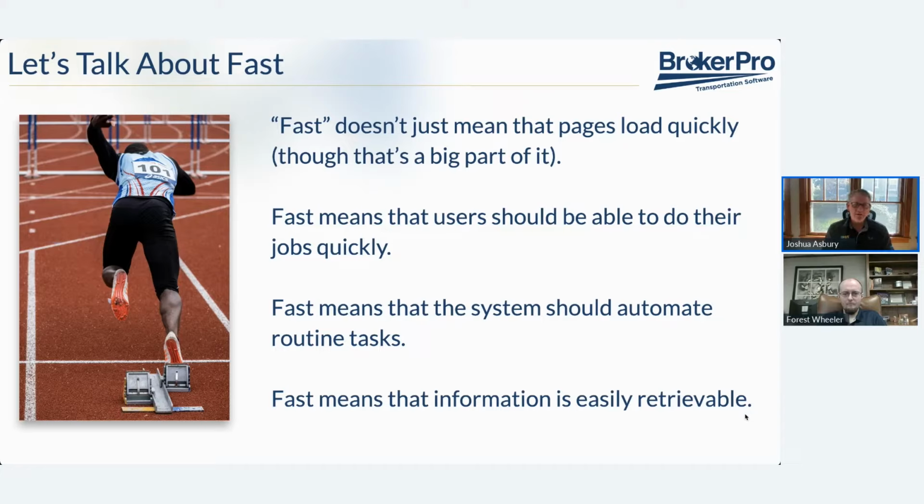But I also define fast as that you need to be able to do your jobs quickly, that systems should be able to automate routine tasks, and that information from within BrokerPro is easily retrievable. I've seen many TMSs in my lifetime inside the freight world that can do everything.